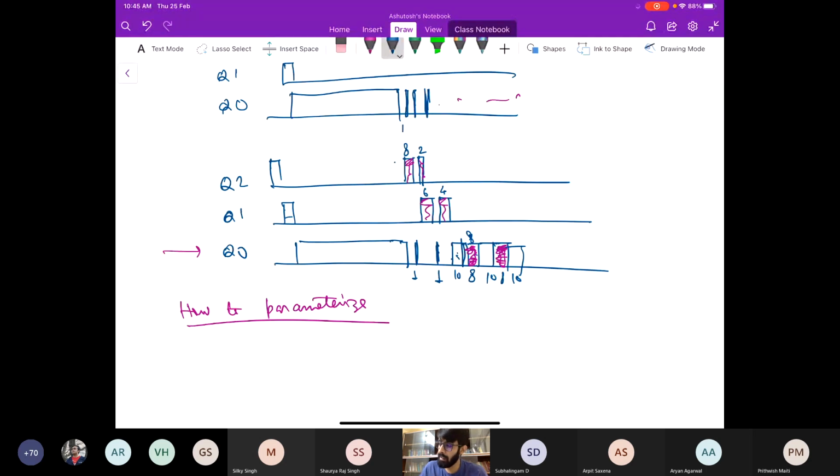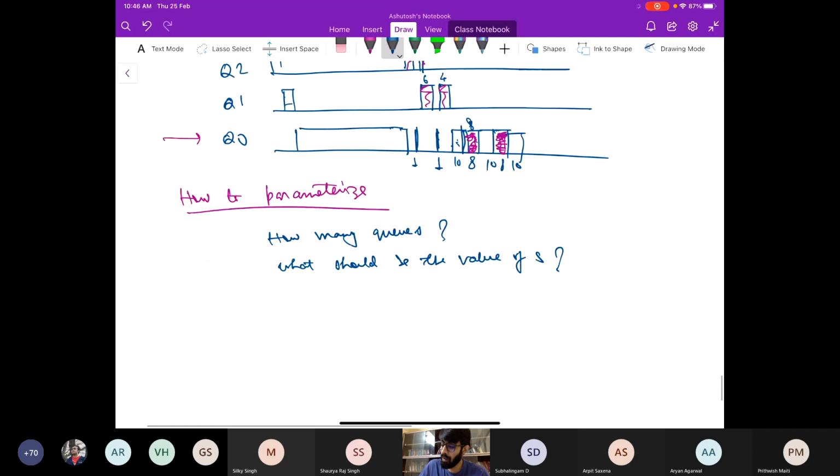Let's say, how many queues should there be? What should be the value of S? What should be the time slice or allotted time?